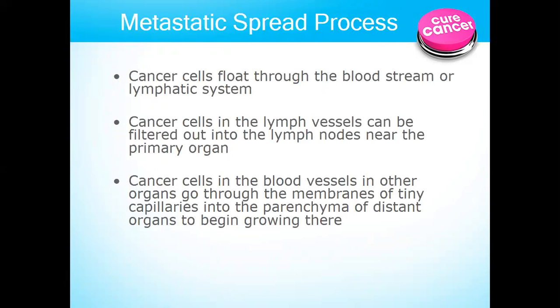Or cancer cells that get into the lymph vessels can be filtered out into the lymph nodes near the primary organ. Or cancer cells in the blood vessels can float into other organs and go through the membranes of the tiny capillaries into the parenchyma of a distant organ to begin growing there.